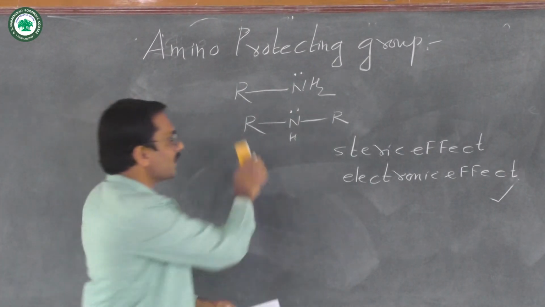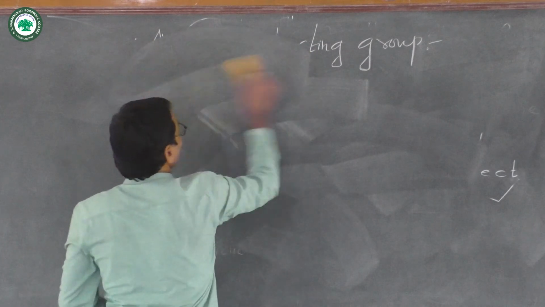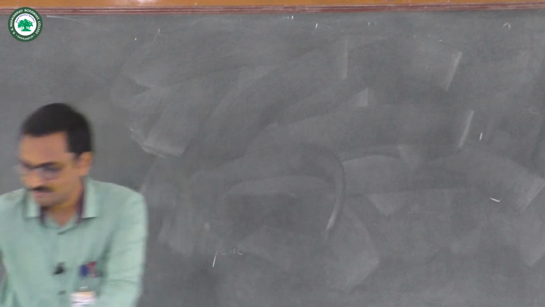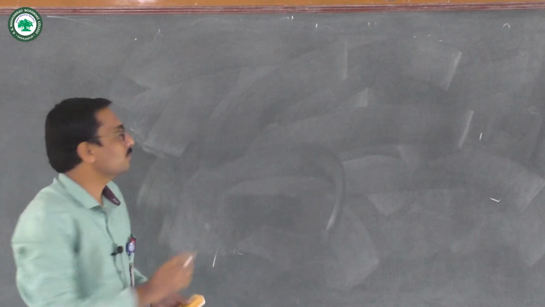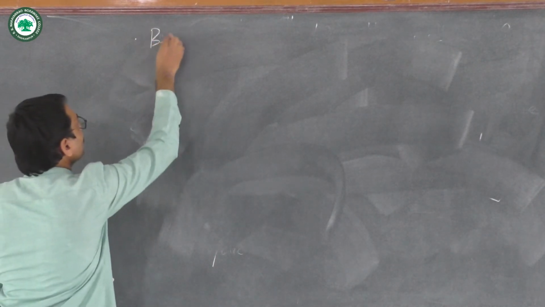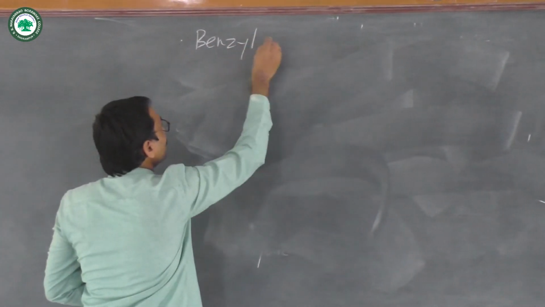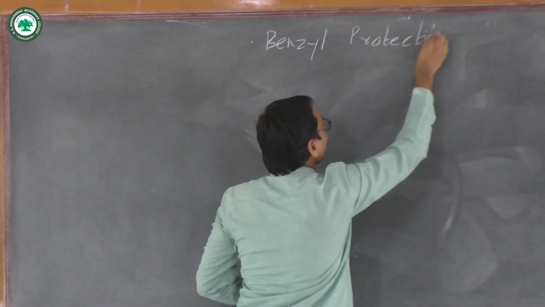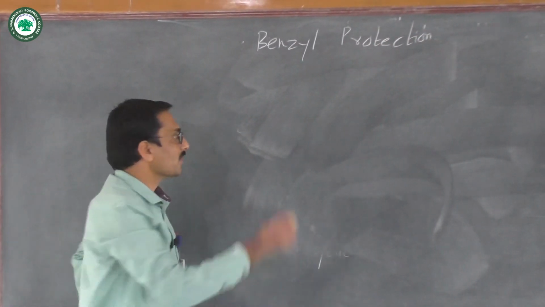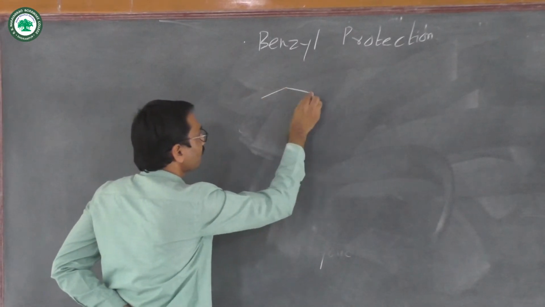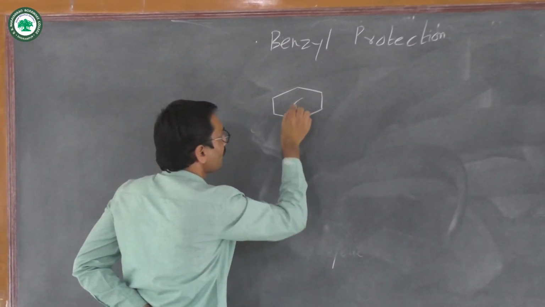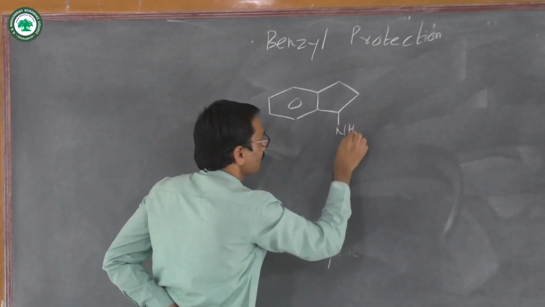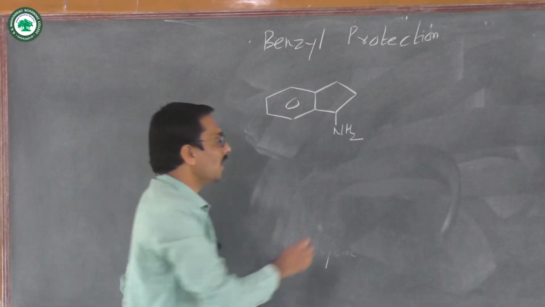We will start with benzyl protection. So consider an example. We have this type of amine compound.